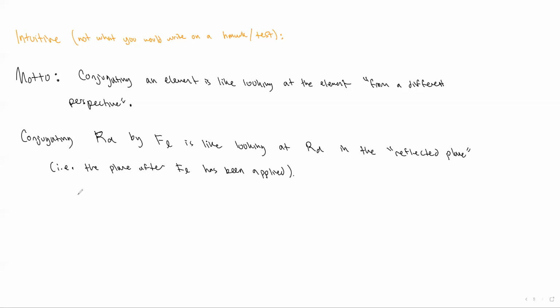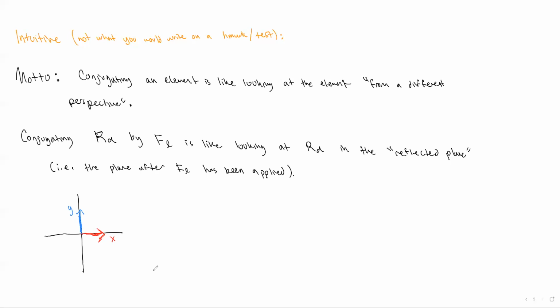So remember FL, what does FL do? Let me draw it. So there's X and Y. And why am I drawing these arrows? I'm drawing these arrows because any linear map is determined by where it sends basis vectors.